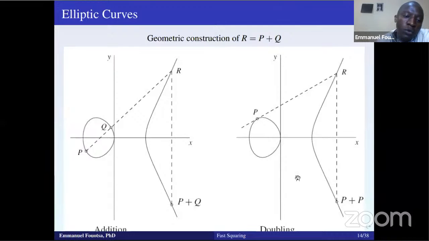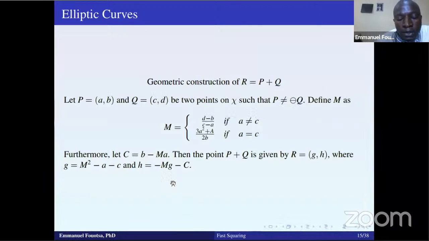Of course, we can easily write the equation of these lines and find the intersection, so we can obtain the coordinates of the third point. That is, if we have P with coordinates (a, b) and Q with coordinates (c, d), by drawing the line and finding the intersection, we easily get the coordinates of the point P plus Q, which are (g, h).